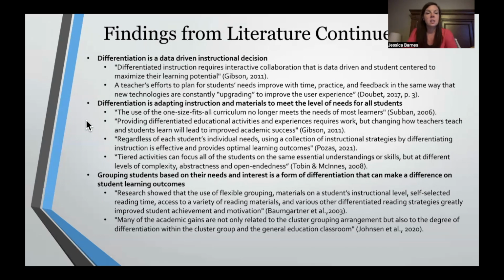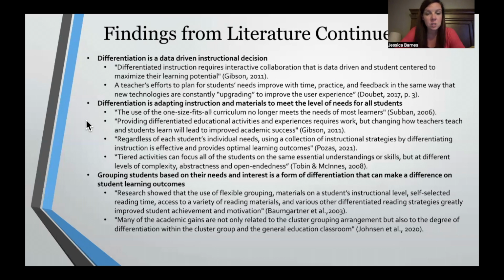The fifth area is that differentiation is adapting instruction and materials to meet the level of needs for all students. The use of the one-size-fits-all curriculum no longer meets the needs of most learners. Providing differentiated educational activities and experiences requires work, but changing how teachers teach and students learn will lead to improved academic success.